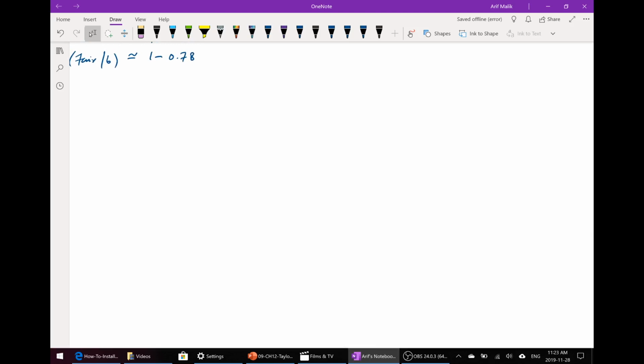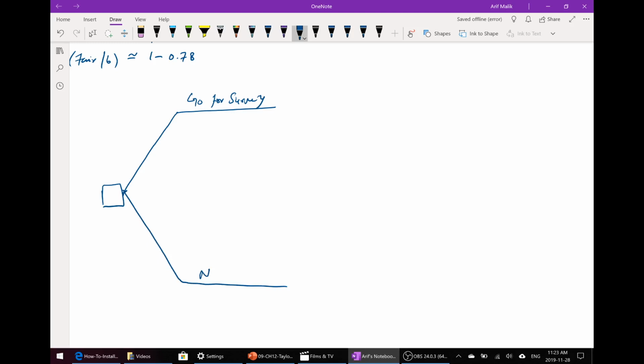The decision node is a square node, and here we have the first decision: go for survey or report, and no survey.